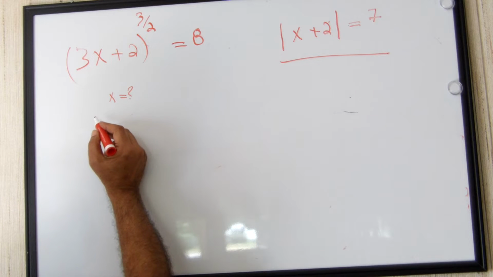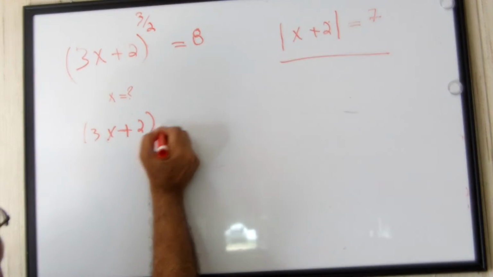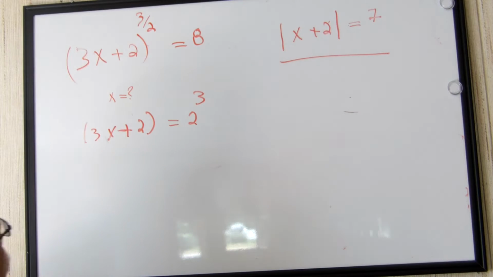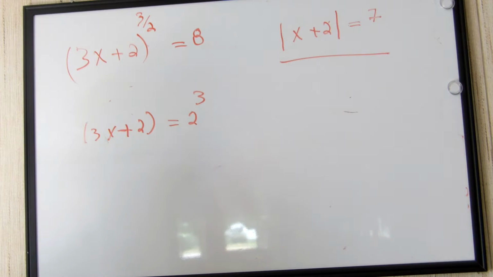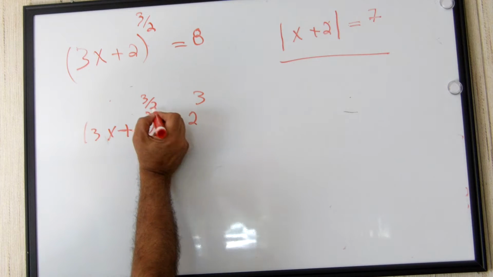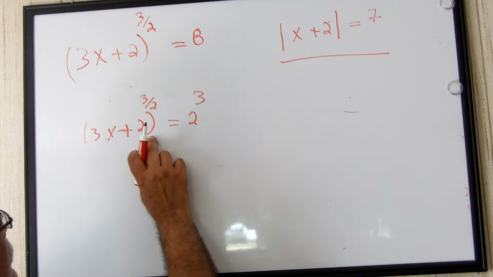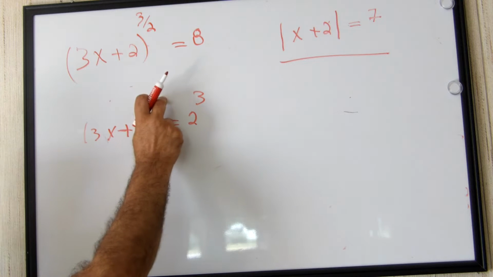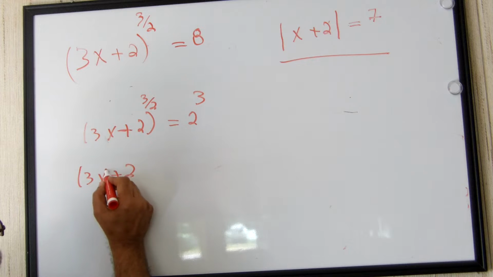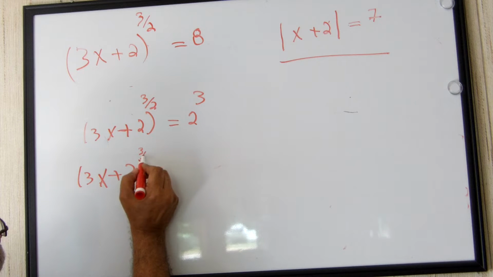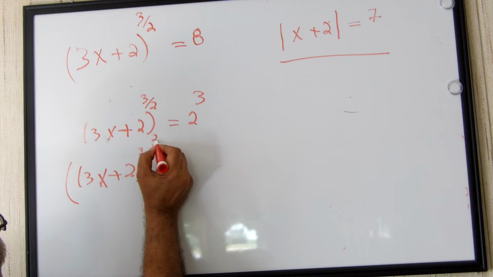What we do here, we say that okay, (3x+2) we can write this one as 2 to the power of 3. To eliminate this exponent, the fractional exponent, what we're going to do is raise (3x+2) to the power of 3/2, and then to the power of 2/3.